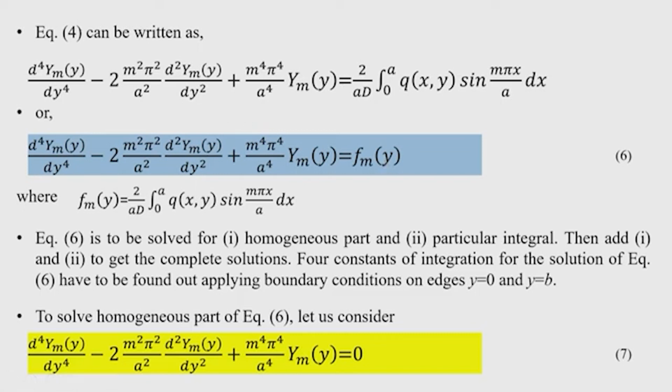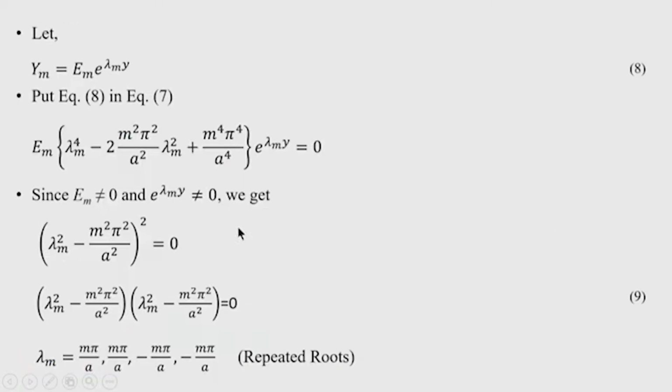That means, if the loading function is non-zero, you have to again obtain the solution of that differential equation, then you can superimpose these two solutions to get the complete solution.